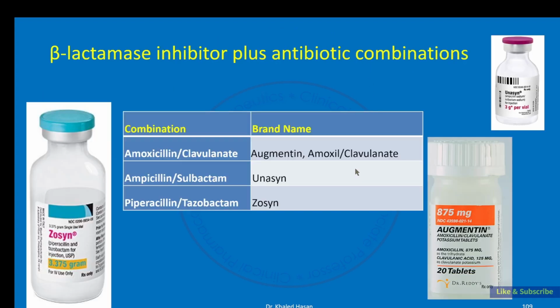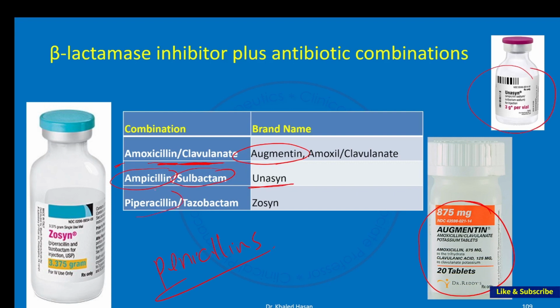Some examples, starting with penicillin. We have amoxicillin and clavulanic acid, brand name Augmentin. We have ampicillin with sulbactam, Unasyn, as an injection.